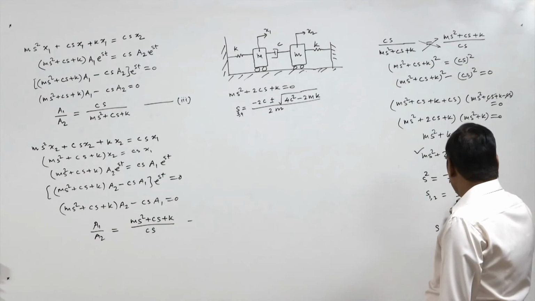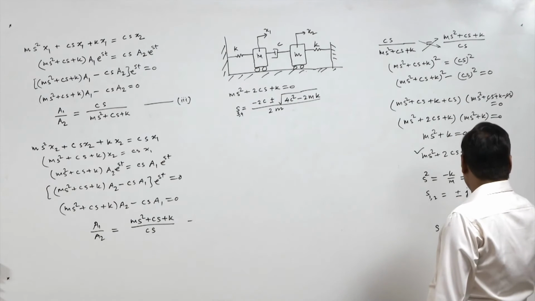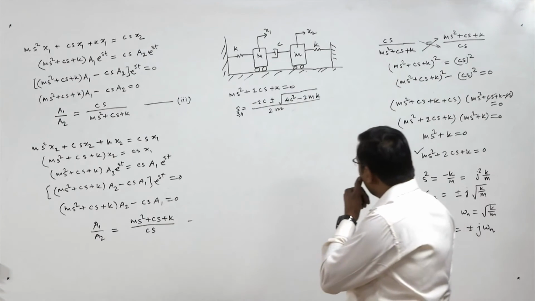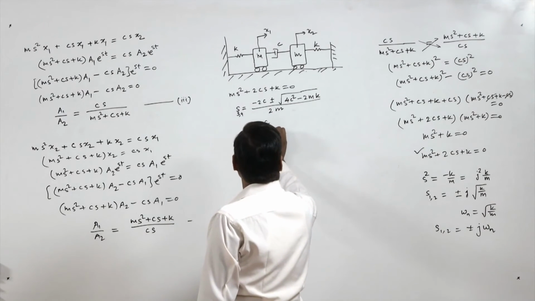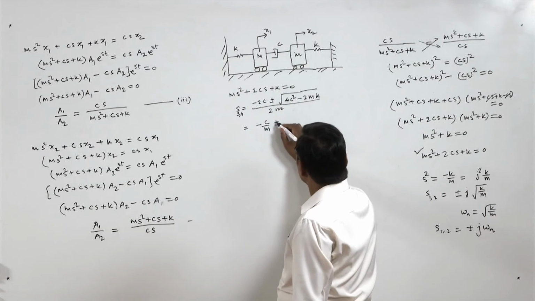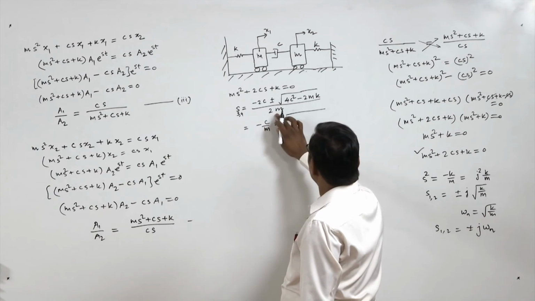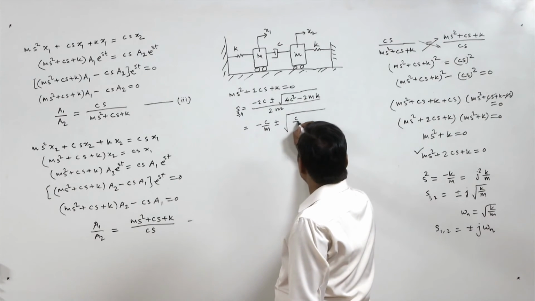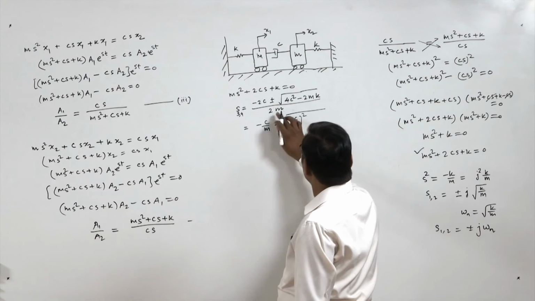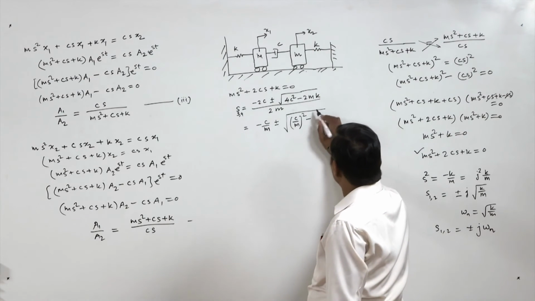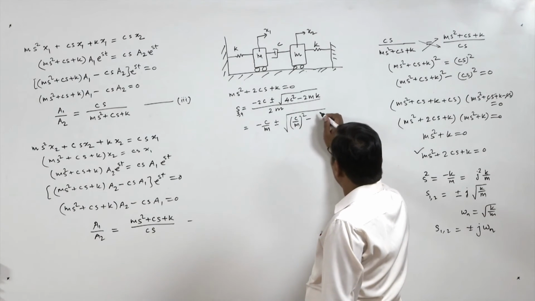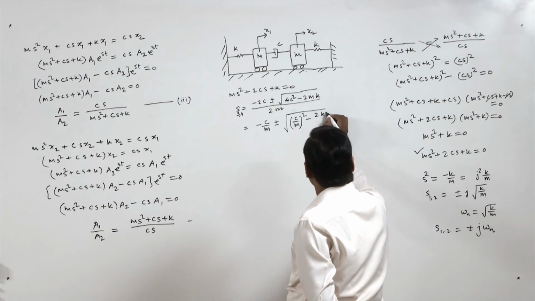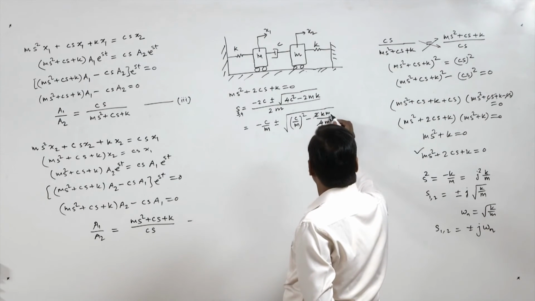Of course, the first two are minus j root k by m and plus j root k by m, and here we have the third and fourth. So this we can write as minus c by m plus minus under root, taking m inside, (c by m) whole square minus, so here 4 m k by 4 m square, and m cancels out.